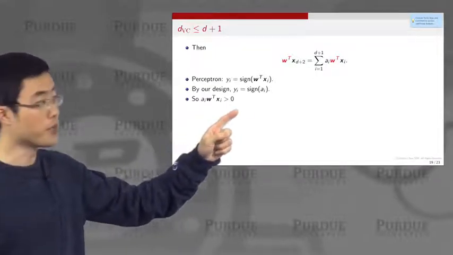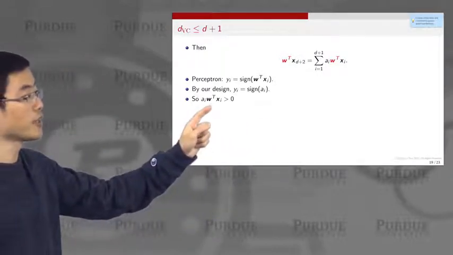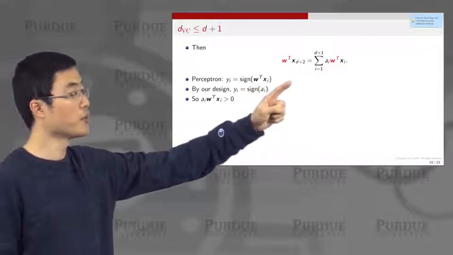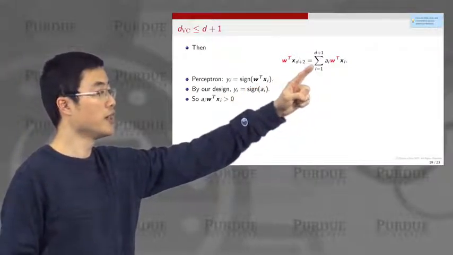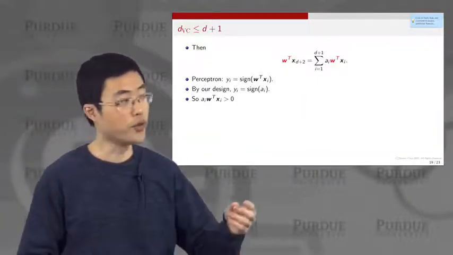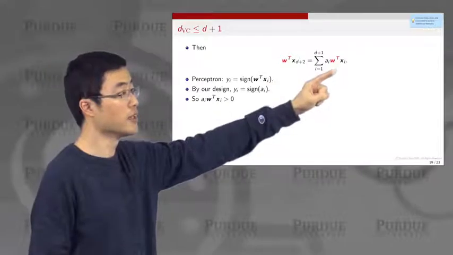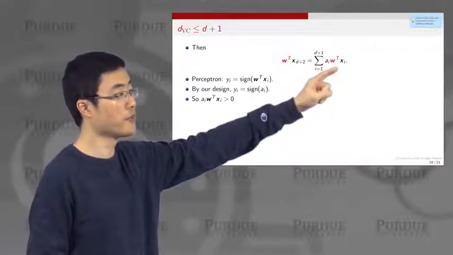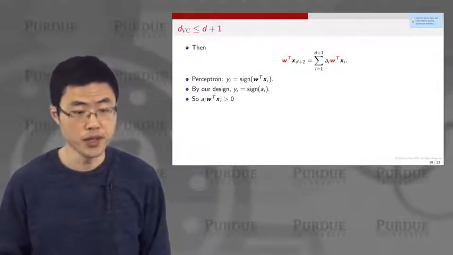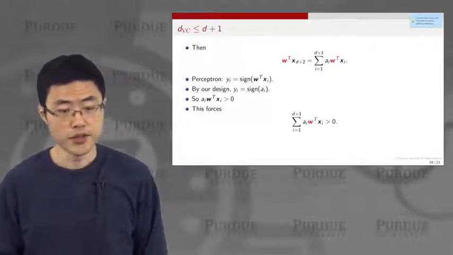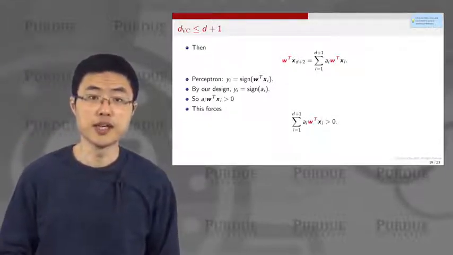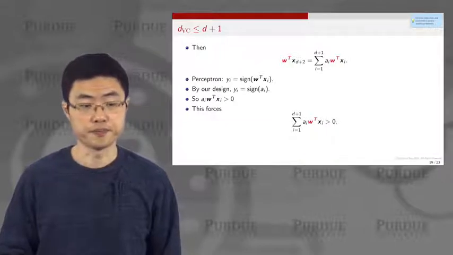Well, a_i times W transpose x_i has to be positive. Why? Because W transpose x_i has to be a number that is the sign of a_i. If that's the sign of a_i, you also have another a_i here, and so a_i multiplied with the sign of a_i will give you a positive number. Okay, and so that would be always positive, and so that forces the summation of a_i and W transpose x_i to be positive.